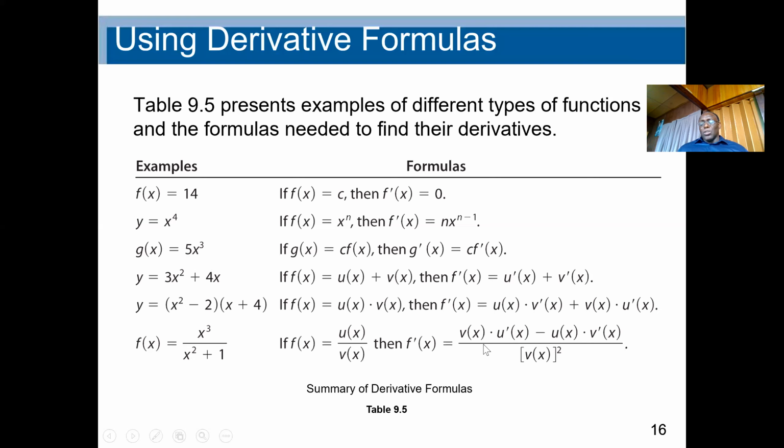And that's the rule here. So we get v(x) is the denominator. So v(x) times the derivative of the numerator u at x, minus the numerator u(x) times the derivative of the denominator v at x, all divided by the denominator squared.